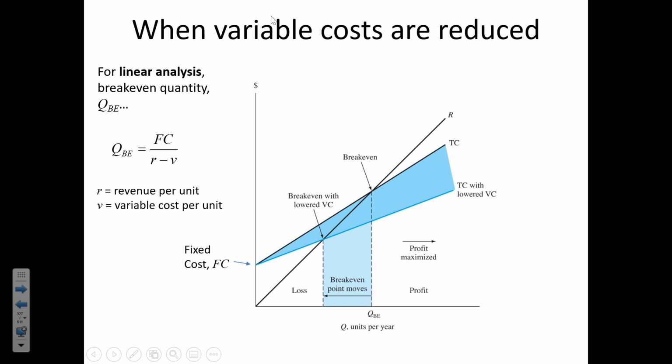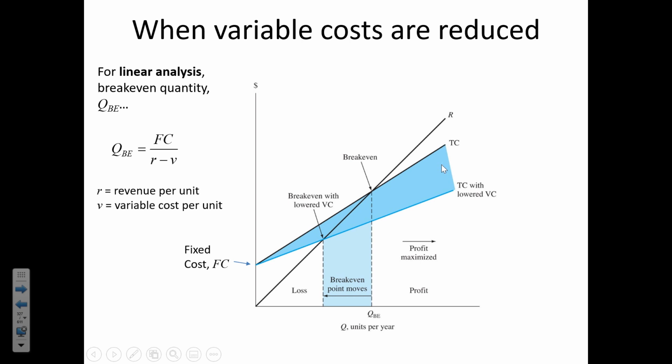Now, if your variable costs are reduced, let's say that you can negotiate a discount with a supplier on the sugar that you need to buy. That's going to bring your cost per unit lower, so that flattens out the total cost curve. So this black line represents where your total cost curve used to be.